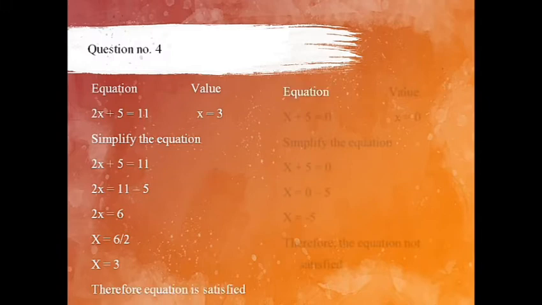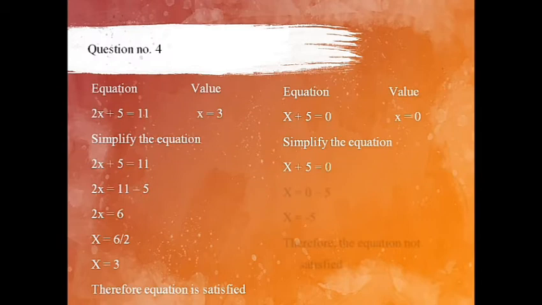Then the next equation given is x plus 5 equals to 0, and the value for it is given 0. So we will simplify the equation and see whether after simplifying we will get x as 0 or not. The equation is given x plus 5 equals to 0. Now here x is a variable term, 5 is a numerical term, so 5 we will transfer to the right hand side, and plus 5 will become minus 5.